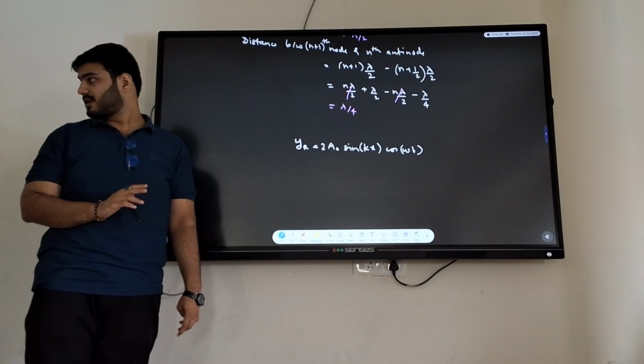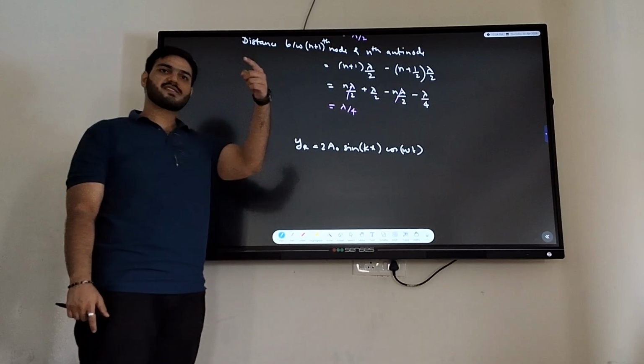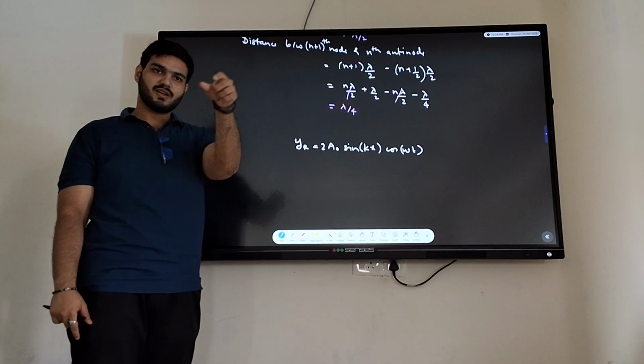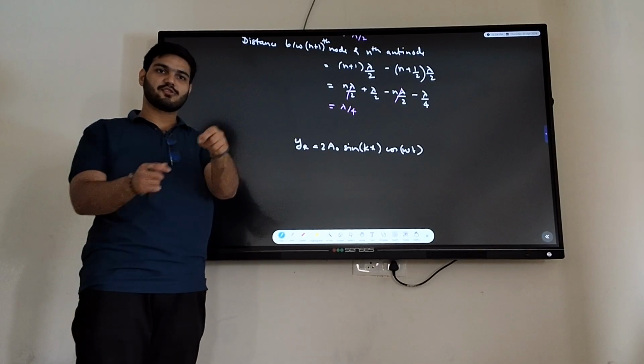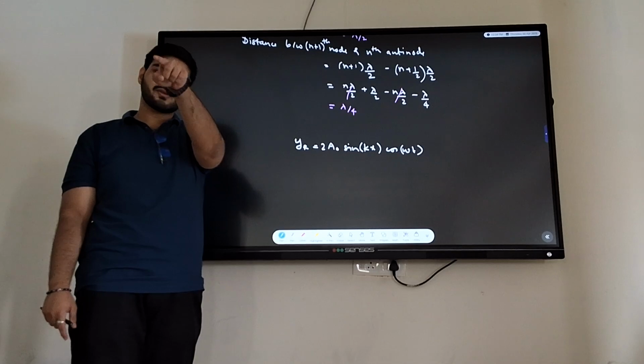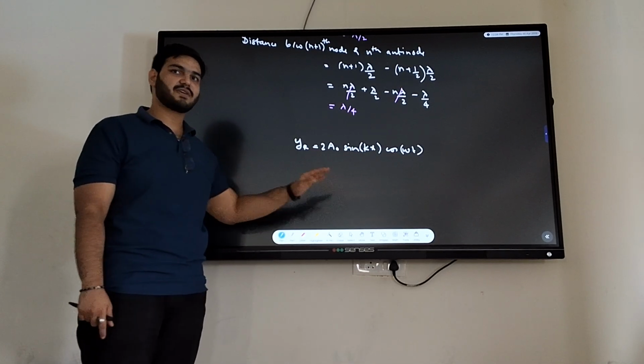You can have equally cos(kx minus omega t) and cos(kx plus omega t). You can start off with these two waves, superimpose, and find the answer. You can even have sin(kx minus omega t) and cos(kx plus omega t), and then you will have different final forms.